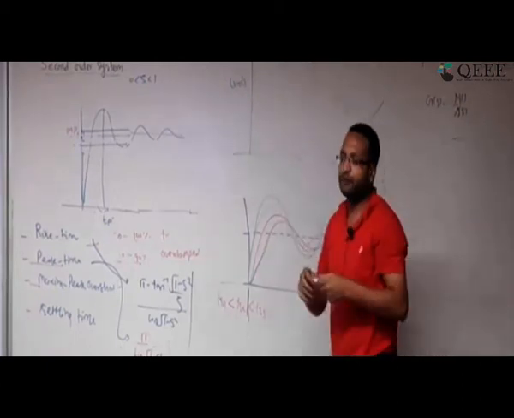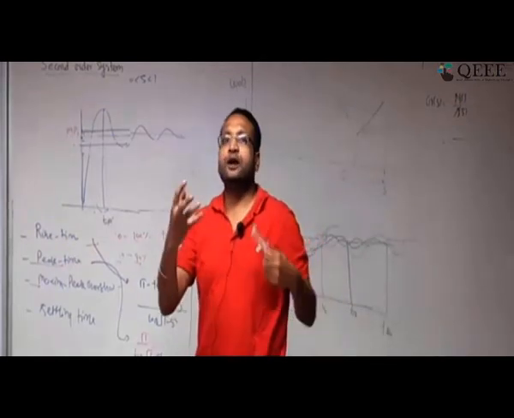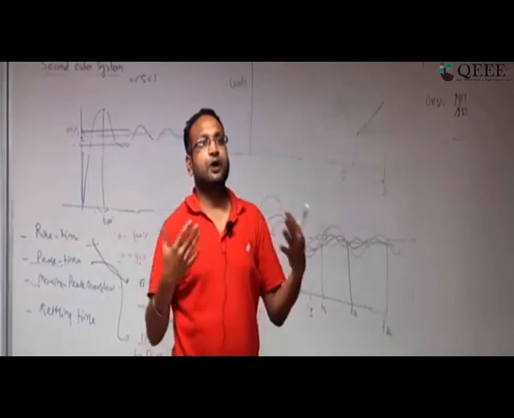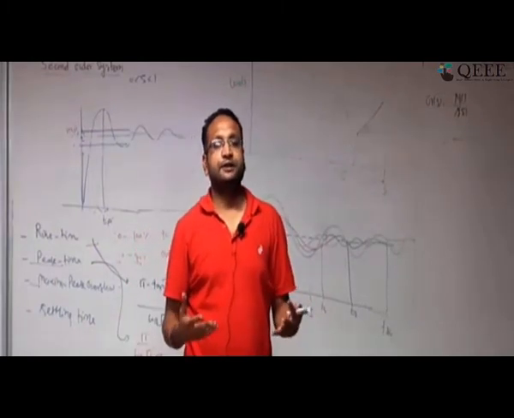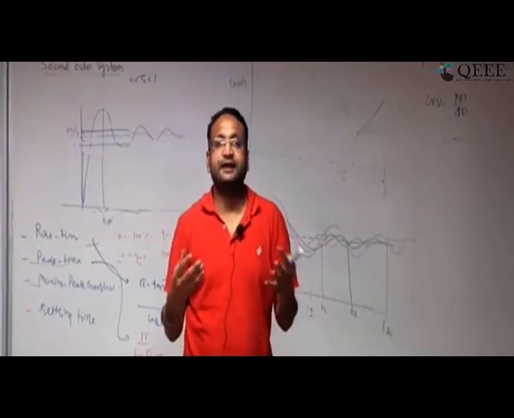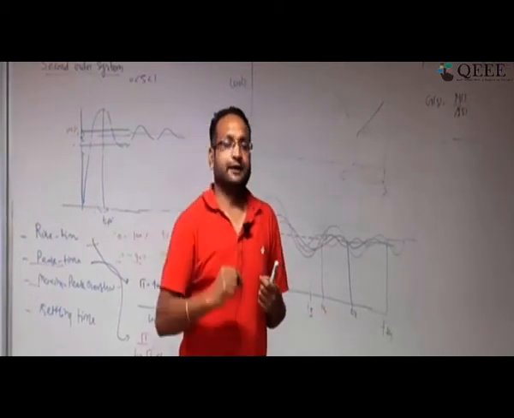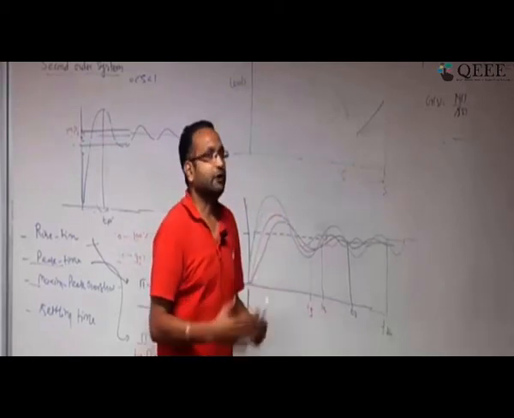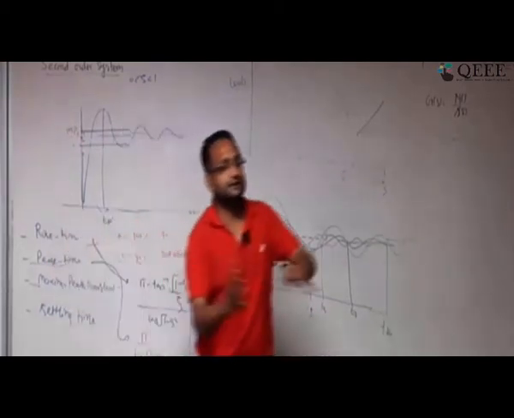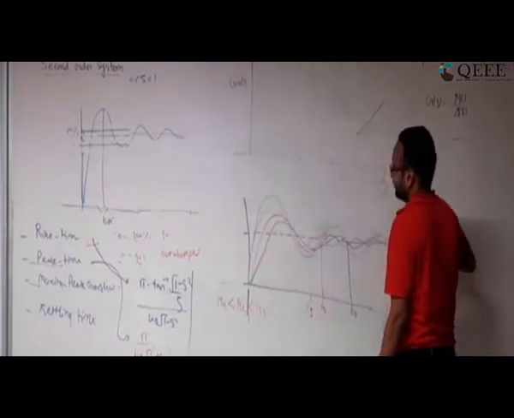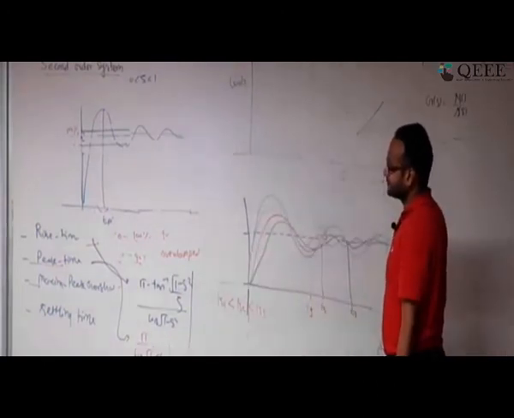So here we want to conclude that if you keep on reducing zeta, it is not going to serve your purpose. Don't think that I am making my system fast. Settling time is small means the system is fast, you are reaching the band earlier. That cannot hold true, that you keep decreasing zeta and you will be happy. You can understand this because of the oscillation behavior. Okay, this part is clear.